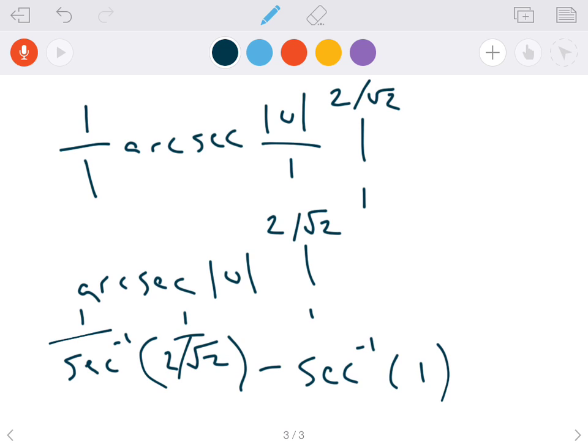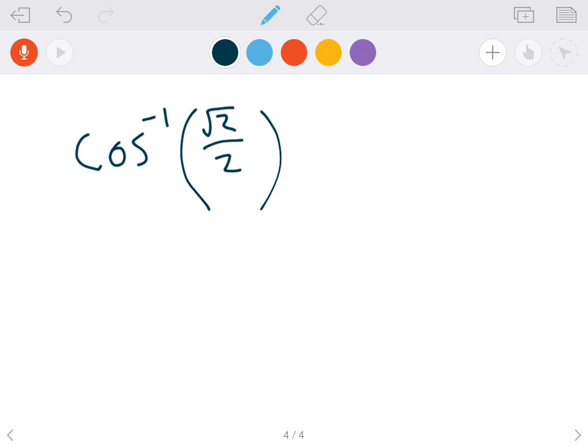So if I flip this one over, I can flip this one over. So this can become the cosine inverse of, instead of 2 over the square root of 2, the square root of 2 over 2. That looks like something on the unit circle. Same thing with the second term. If I'm going to make this cosine, then I have to flip over that 1, which is still just 1. And this is much easier to deal with now.